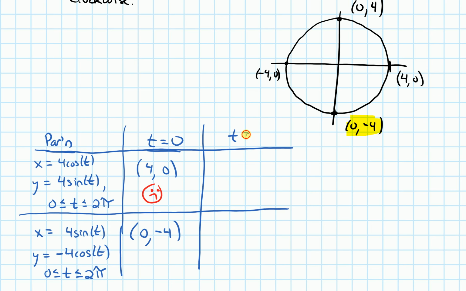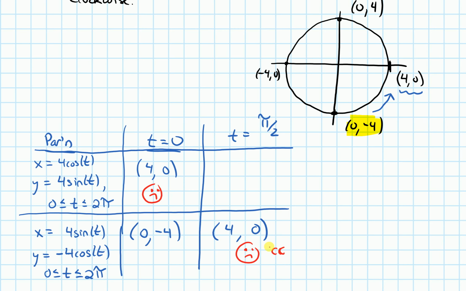If I plug in pi over 2, which should be a quarter of the way around the circle, my x coordinate is going to be 4, and the y coordinate is going to be 0. So that's 4, 0, which means we are trending this way, which is counterclockwise.